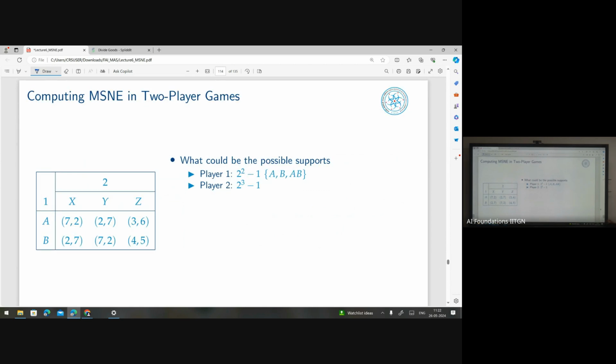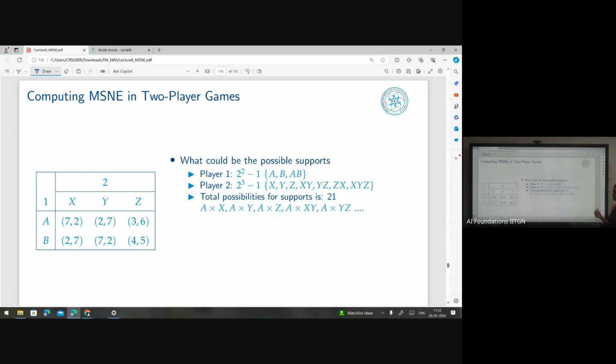So I could choose A, B, or both A and B. That's my set of possible supports. Similarly, player 2 will have 2 to the 3 minus 1: X, Y, Z, XY, XZ, YZ, and XYZ. What is the total number of possible supports for the strategy profile of the Nash equilibrium?